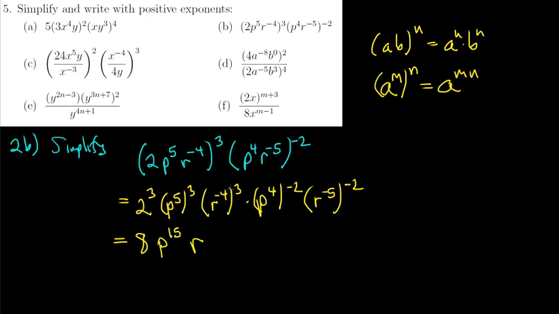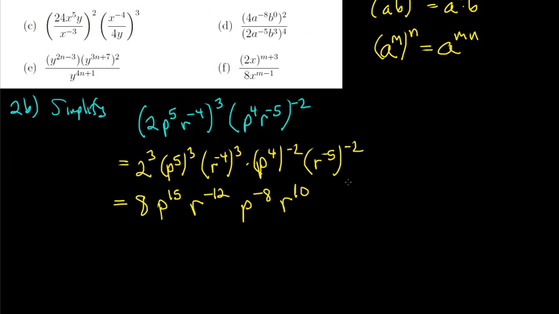Right? And then r to the negative 4 to the 3 is r to the negative 4 times 3, which is negative 12. P to the 4 to the negative 2, 4 times negative 2 is negative 8. And then r to the negative 5 times negative 2 is positive 10. Okay so far?